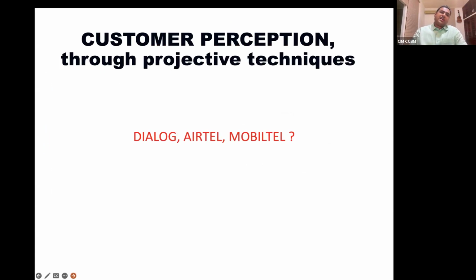So let's understand the customer's perception through what we call projective techniques. I'm asking you to project your thoughts now, project your emotions. So if you look at the Dialog brand or Airtel brand or Mobitel brand, all these three brands are in the telco space right now in Sri Lanka. Airtel, Dialog, and Mobitel.